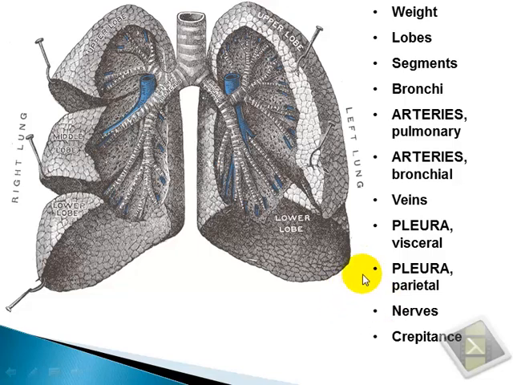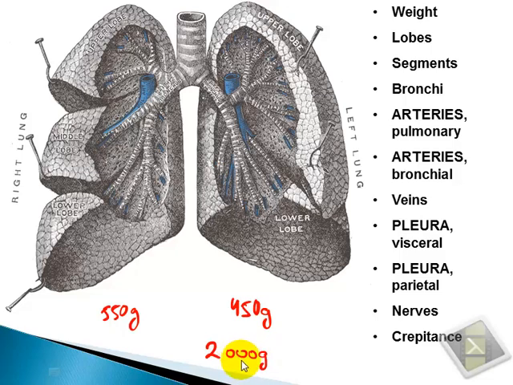Now, what happens if, let's say, the weight of the lungs increases? The normal weight of the lungs is somewhere around 550 gram for the right lung, and 450 gram for the left lung. Now let's say the weight of the lung increases to around 2000 gram, what will happen?